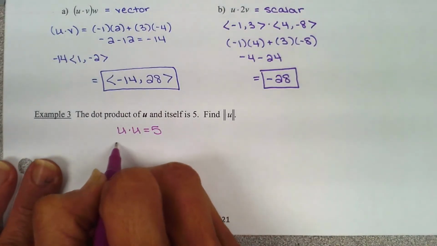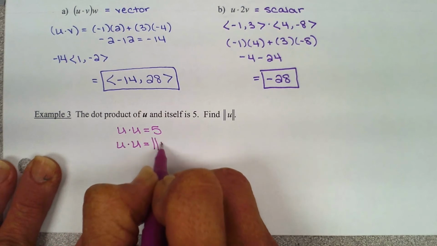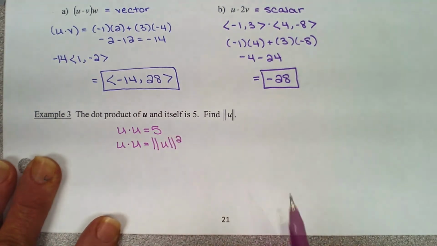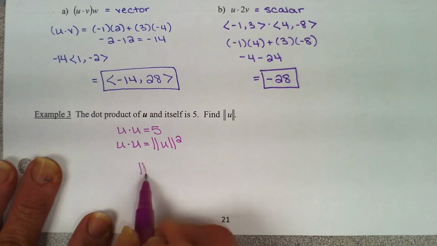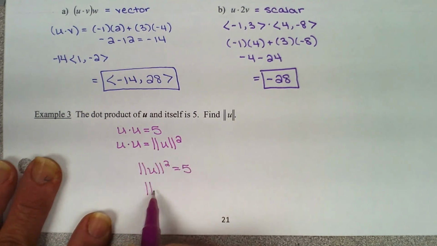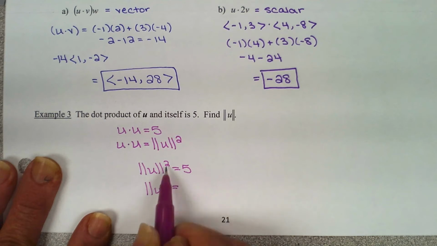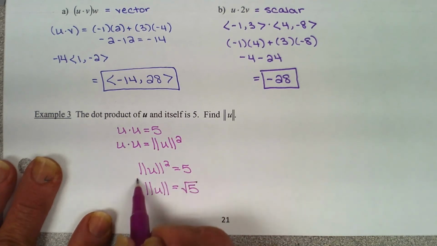So this vector u dotted with itself is its magnitude squared. Well, I know that it equals 5, so the magnitude squared is 5, and if I want to solve for the magnitude of u, I would have to square root both sides to get rid of the square, so the magnitude of u is just the square root of 5.